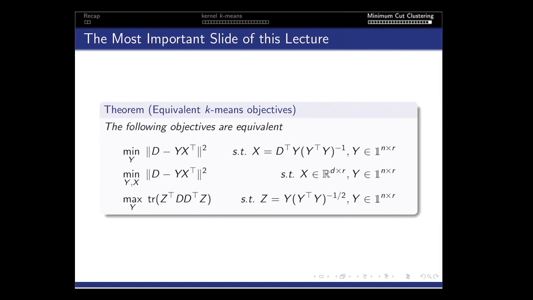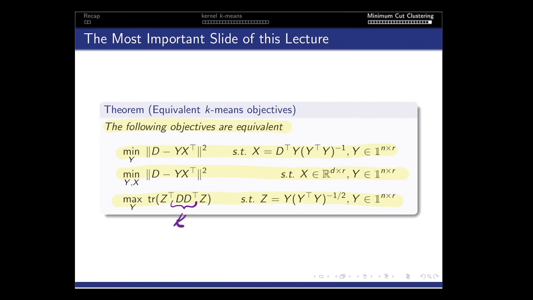And let's have a look at the most important slide of this lecture. So the following objectives are equivalent. Here we have now our k-means objectives as before, but we also have this objective here to maximize the trace. This k-means objective here is the starting point for kernel methods.